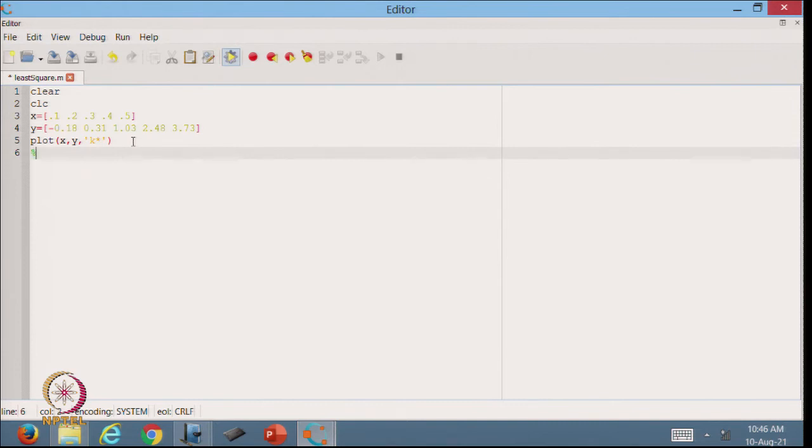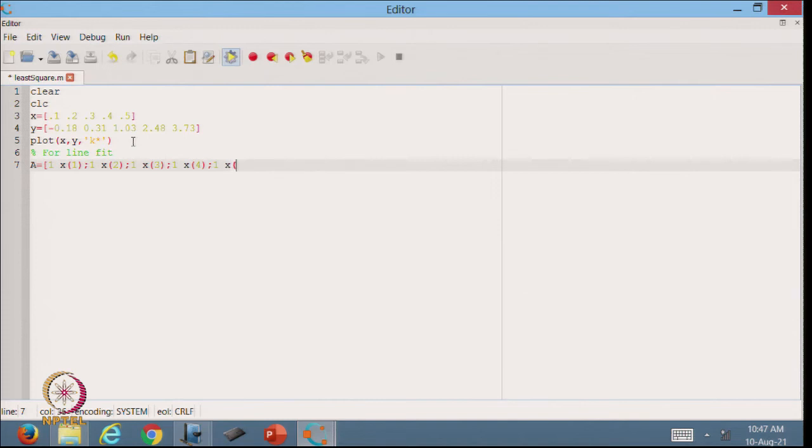So, I can write, for line fit, I take a matrix A. That matrix is 1 and x1, then again 1 and x2, 1 and x3, because I am writing these as columns, and in the end I will get x5.